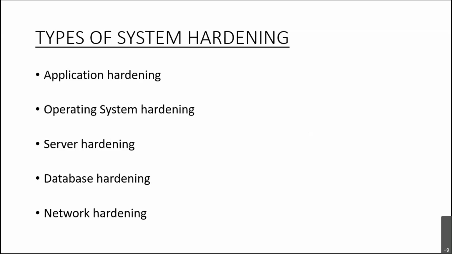Then comes the database, then comes the network. When I say network, it includes the hardware firewalls, the hardware switches, and the software firewalls which are installed on your desktop. Most of you would have noticed that you have not even considered configuring a firewall on your desktop system.